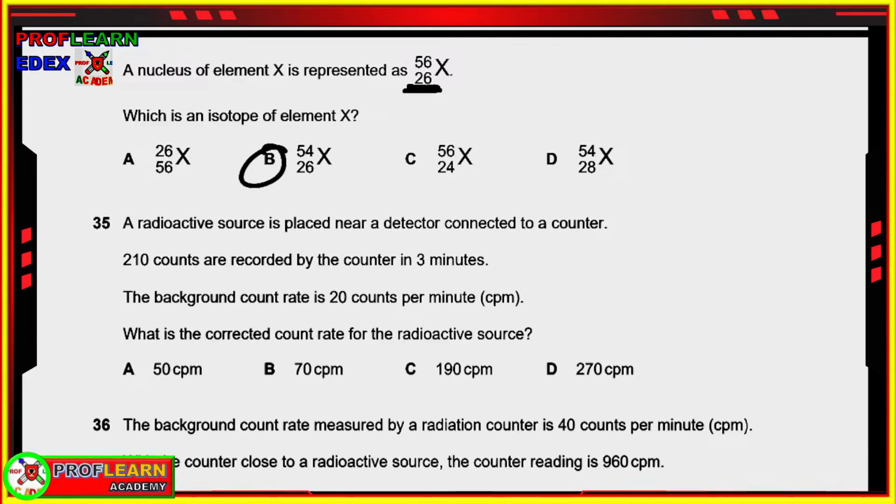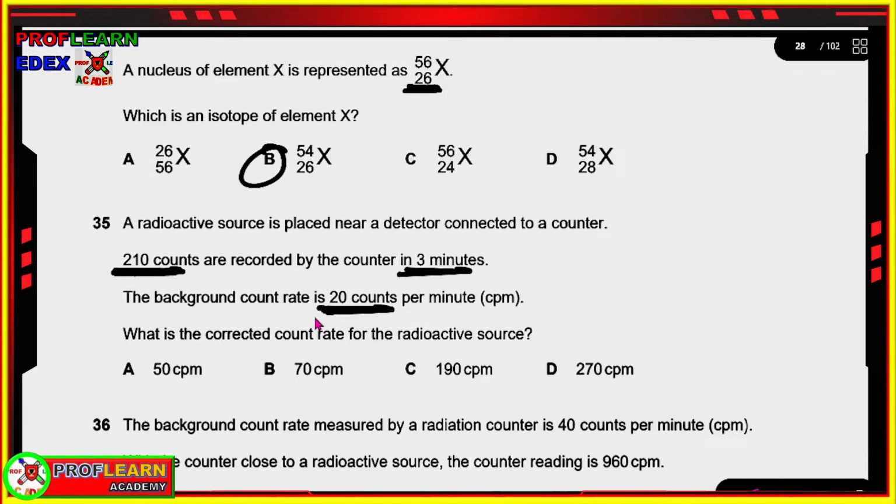Next question, we are told that a radioactive source is placed near a detector connected to a counter, and 210 counts are recorded in 3 minutes. The background count is 20 counts per minute.